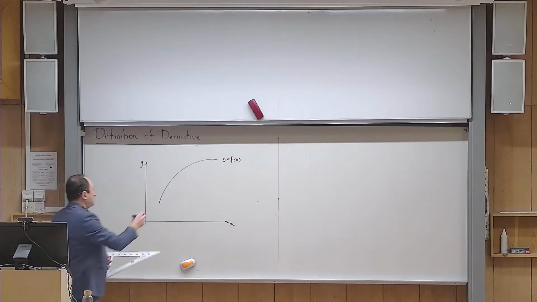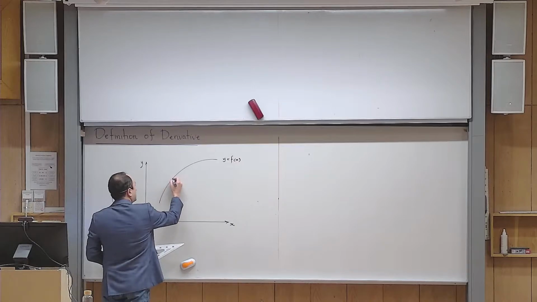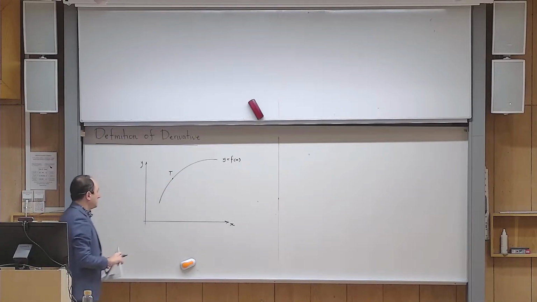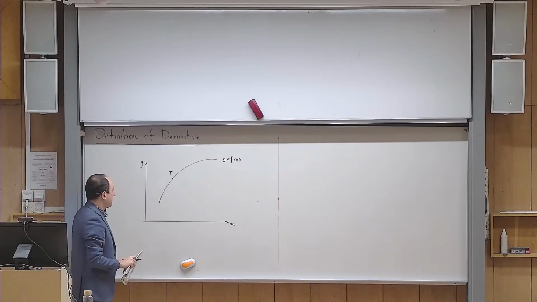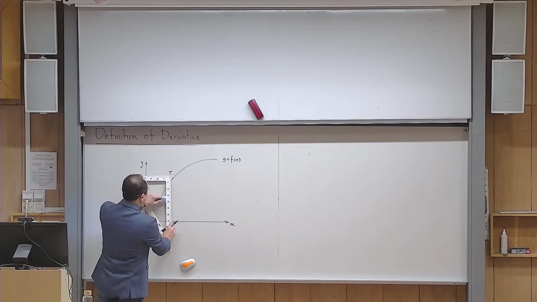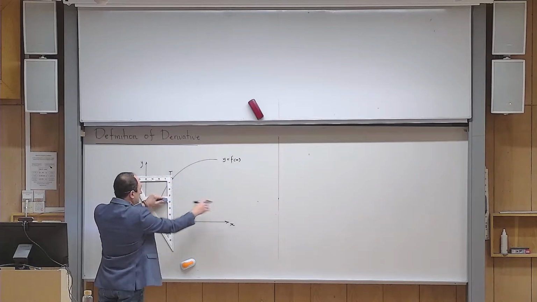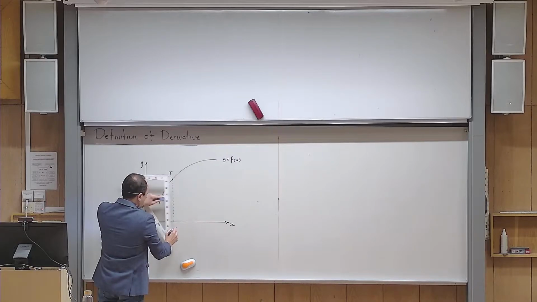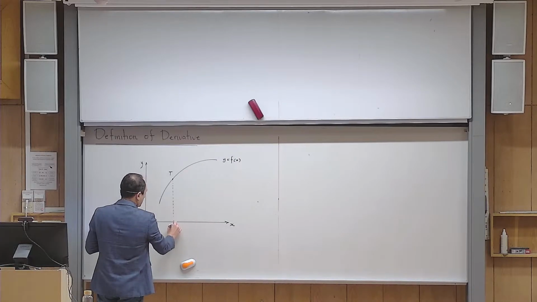And then you pick a point on that curve, say this point. I call it T here, for the tangent, you will see why. Of course, there are two coordinates for this point because it lies on this coordinate system. The x coordinate, let me call it a.